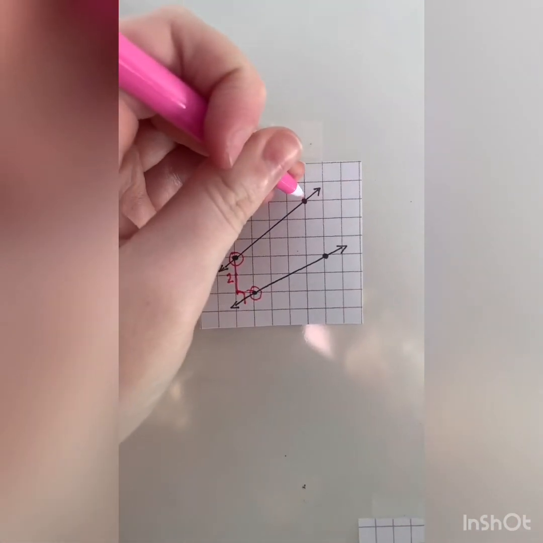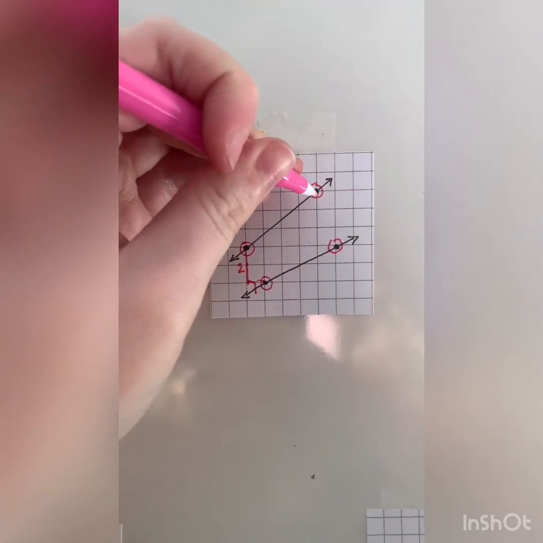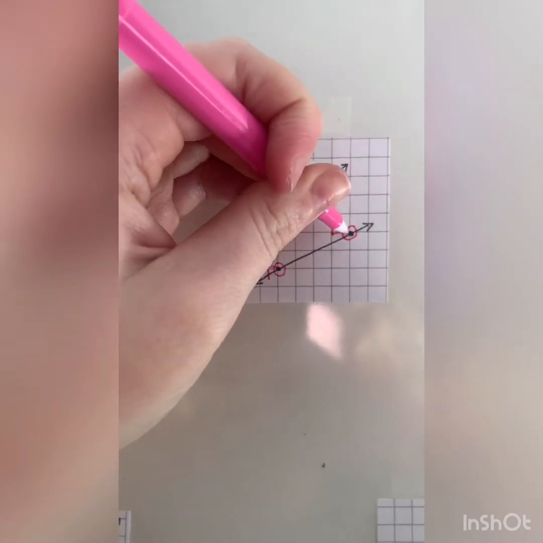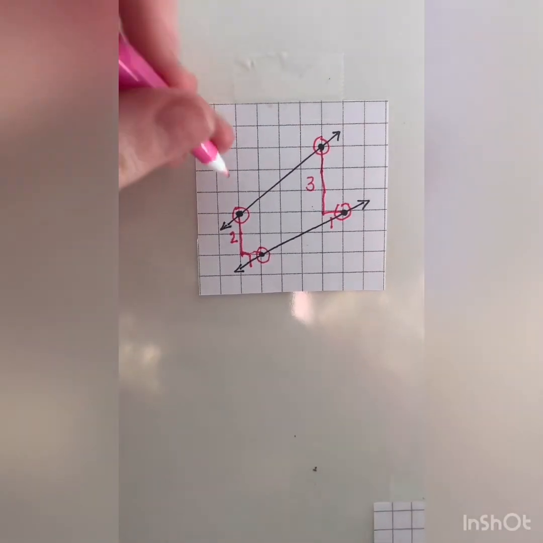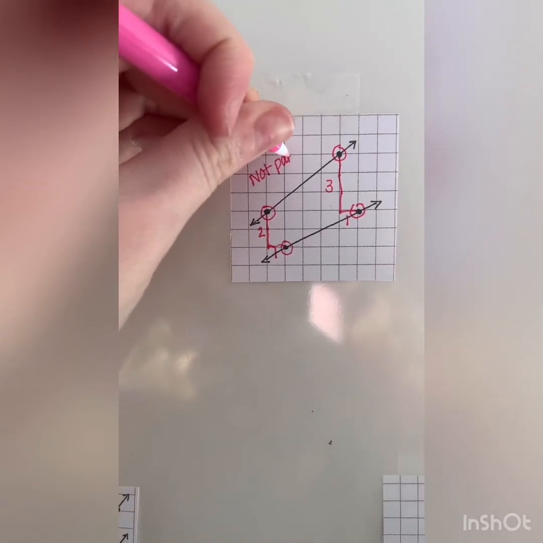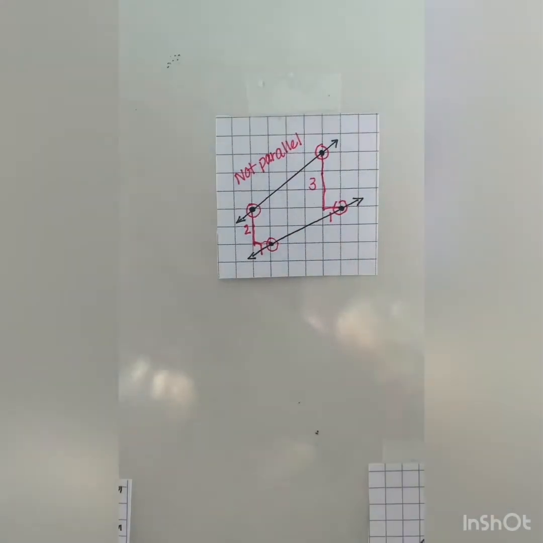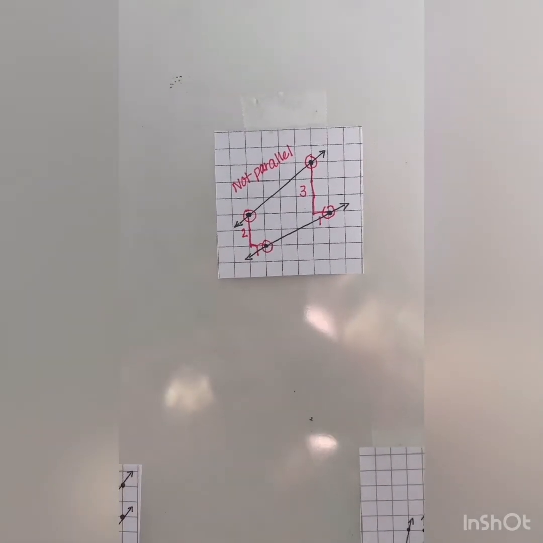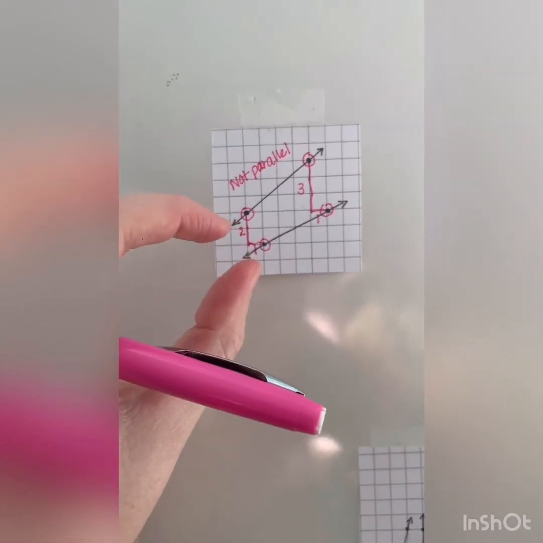If I look at these points, I notice that these are 3 down and 1 over. They are not the same, so these lines are not parallel. If I kept drawing and kept going this way, they would eventually touch because this part is skinnier than this part.